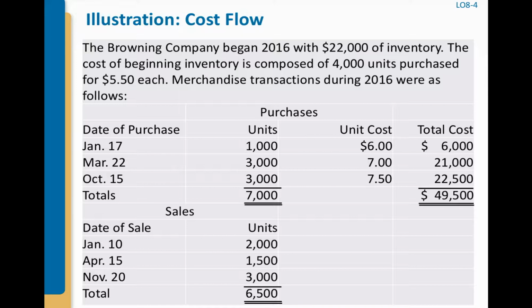It doesn't make sense to do that, especially if instead of 3 different levels of cost you had like 30 different levels of cost, then you can see how that would be cumbersome to track.